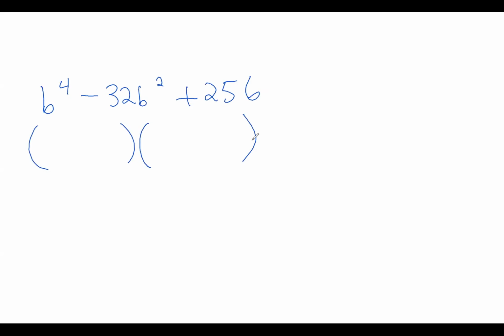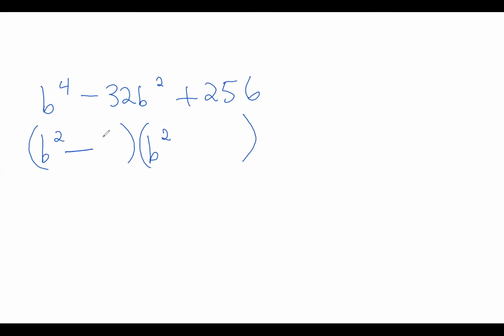So you just set up your parentheses and we're just going to do trial and error, no problem. My first two terms need to multiply to b to the 4th. B squared times b squared is b to the 4th, great. Now I need my last two terms to multiply to 256. And eventually I'll need my outside and inside terms to add up to negative 32.